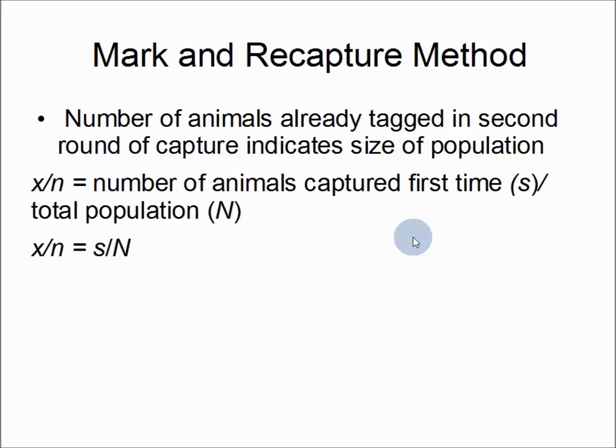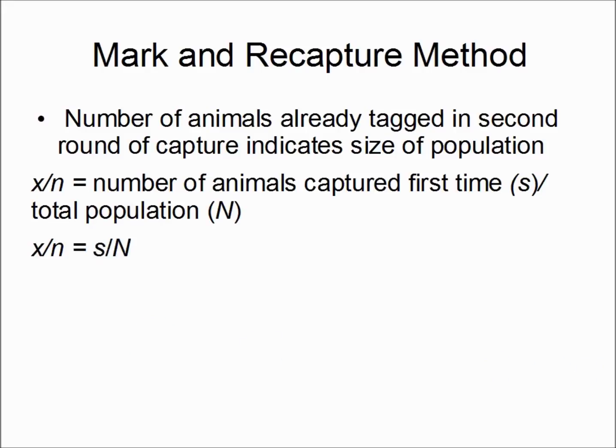And now we say that total number of animals captured the first time is letter s. And remember, the ones we catch the second time that are already tagged is the number x. And we say the total population is going to be the capital letter N. So now we have this reduced to a simple mathematical formula. x over n equals s over N, where x is the animals we caught the second time around that are tagged, and n is the total number we captured the second time around. s is the total number of animals we captured the first time around, and the capital N is the total number of individuals in that population.